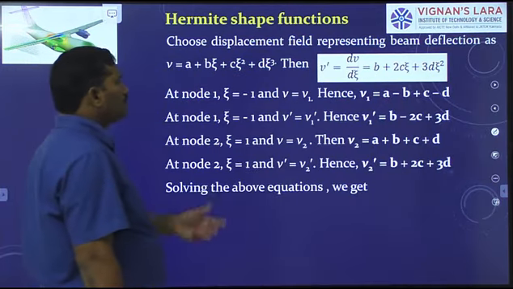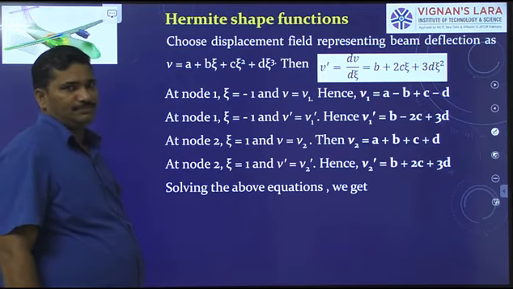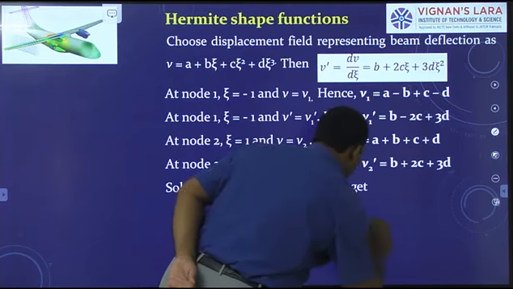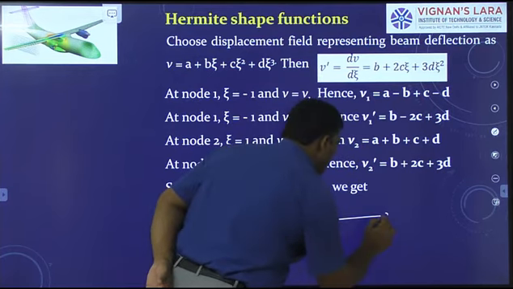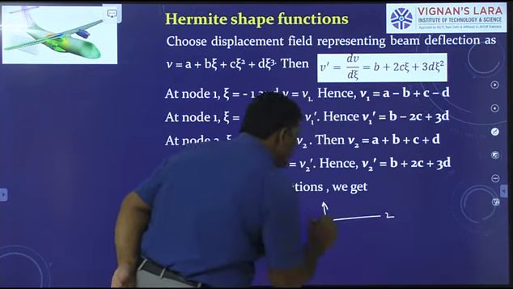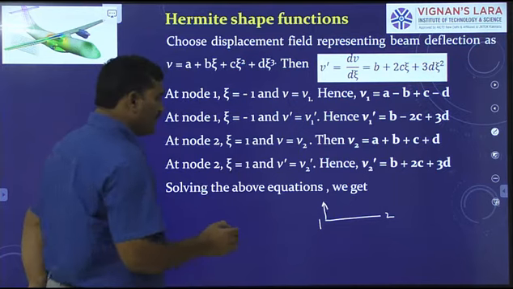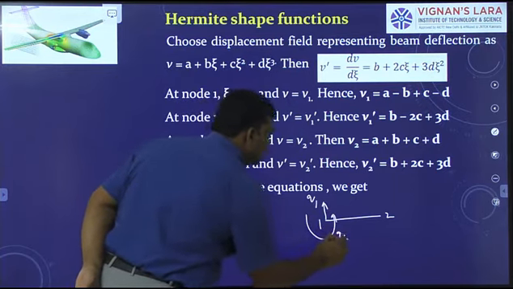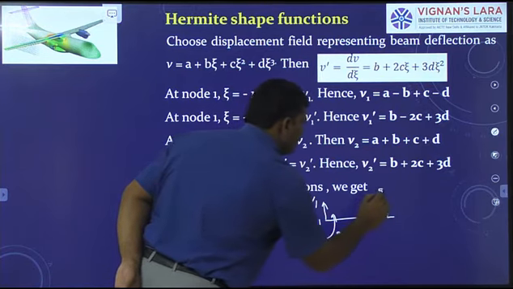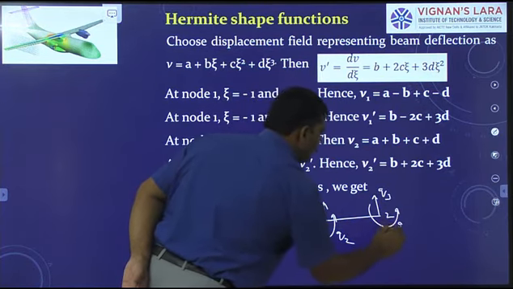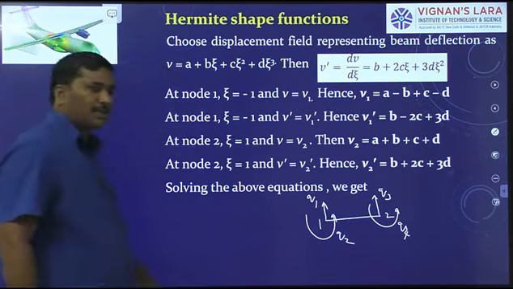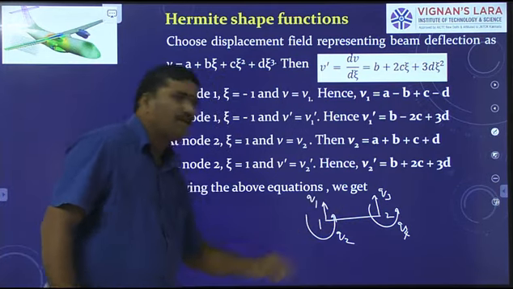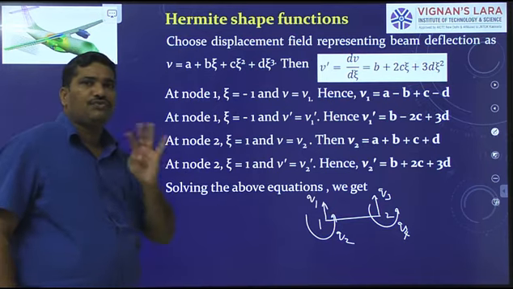Now, how do you choose the polynomial? That is the question. If you observe the one-dimensional, two-noded beam element, each node has 2 degrees of freedom. This is Q1, this is Q2, this is Q3 and this is Q4. Understand? Therefore, how many nodal field variables are there in the element? 4.